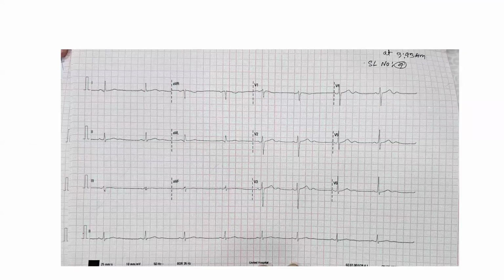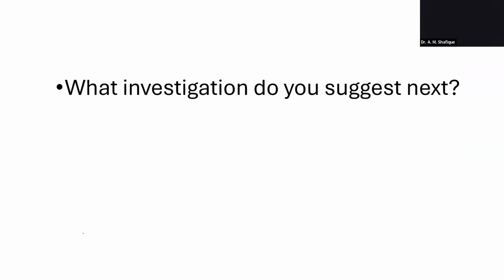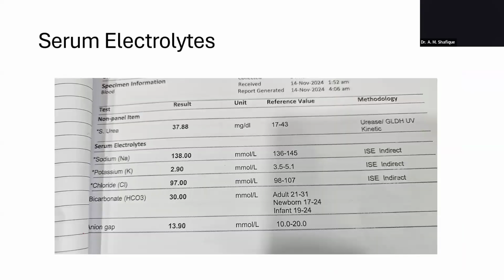Shafique? Yes, sir. It's not a 2:1 AV block. Definitely not. It's a sinus bradycardia with prominent U wave. Correct. And what investigation do you suggest then? It usually happens in case of hypokalemia, and the patient has a potassium level of 2.9.